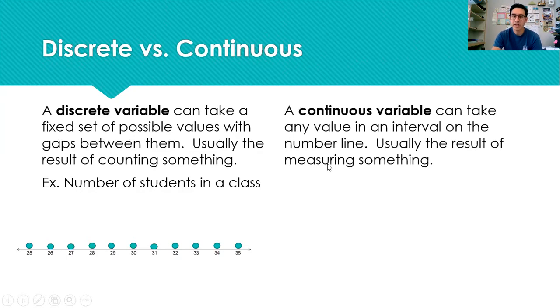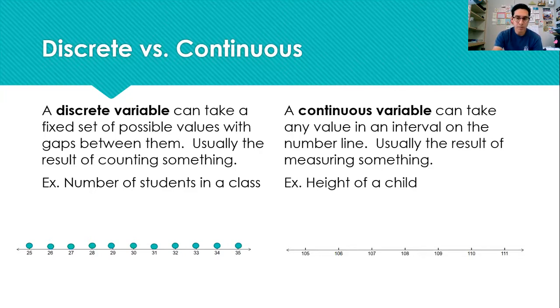A continuous variable can take any value in an interval on the number line, and these usually result from measuring something. An example of this would be the height of a child. Maybe we measure a child and they're 107 centimeters tall, or maybe they're 108 centimeters tall.